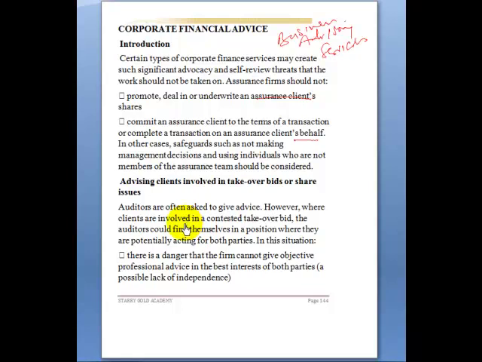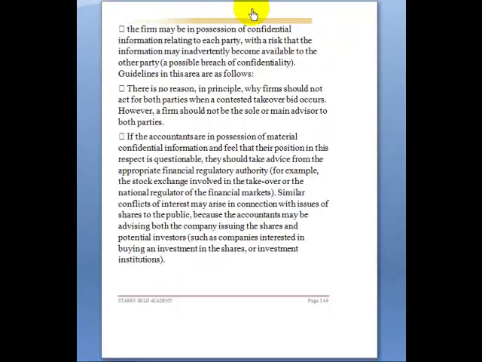There's a danger that the firm cannot give objective professional advice in the best interest of both parties. Obviously, they are going to lean towards one more than the other. The firm may be in possession of confidential information relating to each party, with a risk that the information may inadvertently become available to the other party. So the audit firm may be tempted to sell out that information.